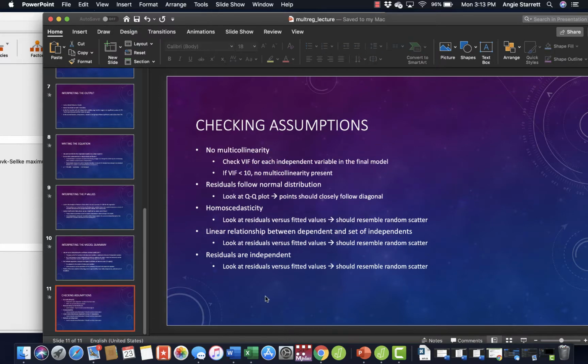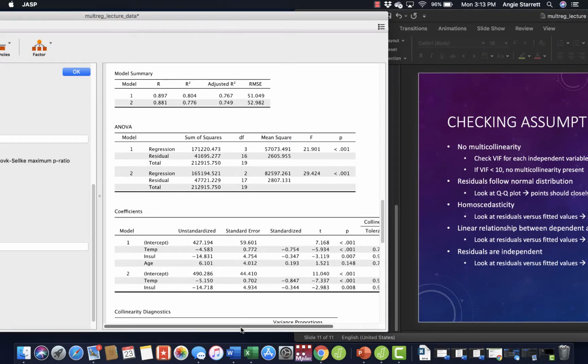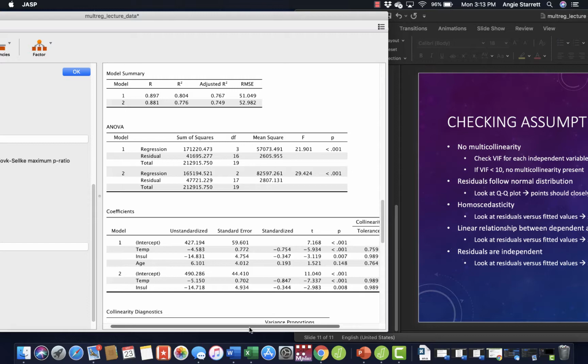All right, the last thing we want to do is check our assumptions. The first one we want to check is that we do not have multicollinearity. In other words, the x's are not correlated. So what we're going to do is check the VIF, which stands for the variance inflation factor.